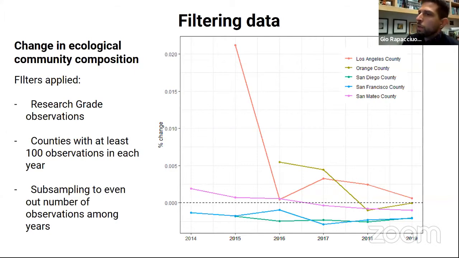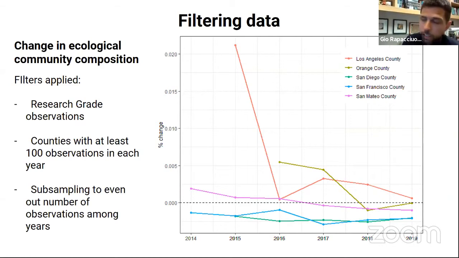So what that involves here, you see we're providing this visualization of ecological community composition change from 2014 to today for 5 different counties. And the way that we did this is not looking at face value, but we applied a number of filters.